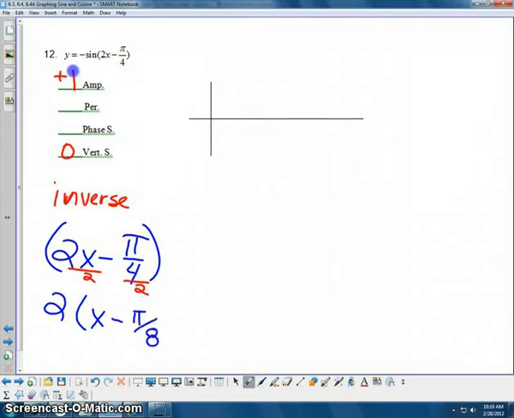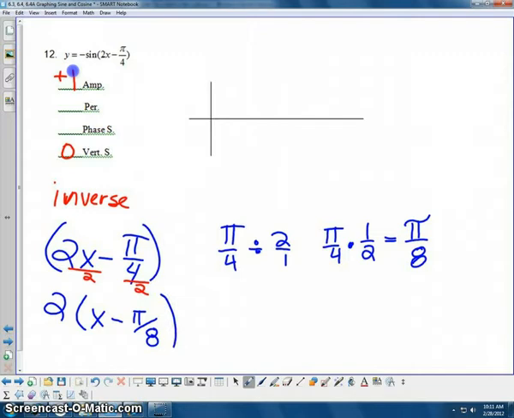So what I said to you, I am taking pi over 4 and I'm dividing it by 2, or if we thought of it as dividing by 2 over 1, that's the same thing as taking pi over 4 and multiplying it by 1 over 2. That's how I got pi over 8.